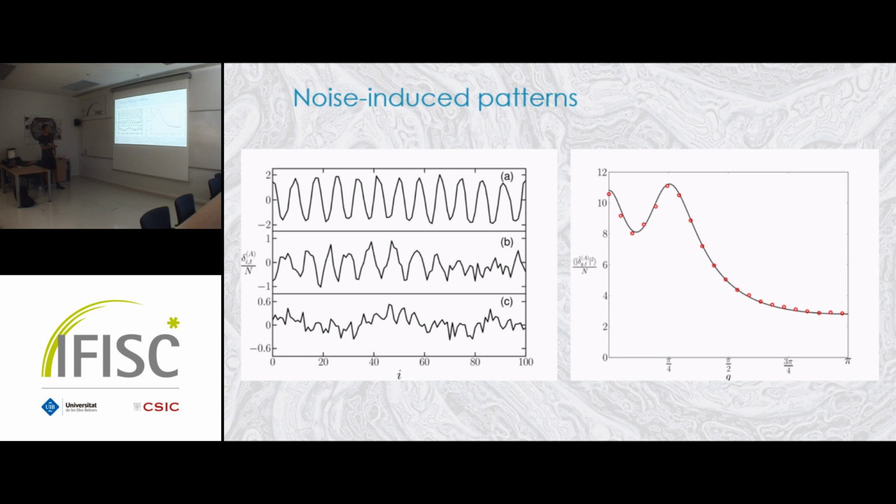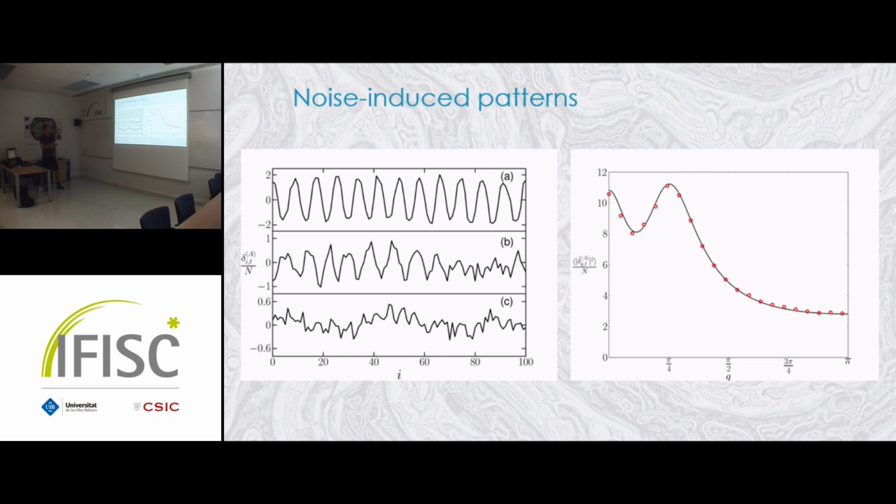And just to convince you that this is really a pattern and not just noise, I've compared it with a parameter set for which we don't expect any pattern at all, which is just the noise. One can produce a criterion for stochastic pattern formation of this type, for patterns where you wouldn't expect them from the deterministic system, by looking at the power spectrum of fluctuations again, except this time taking the Fourier transform with respect to a spatial variable.